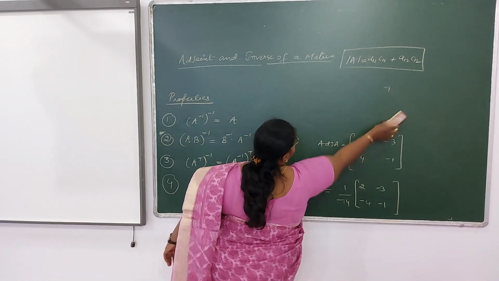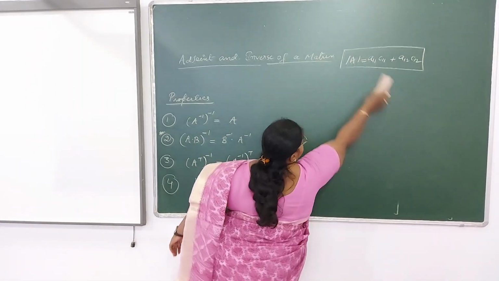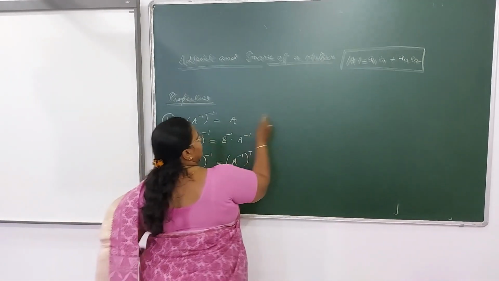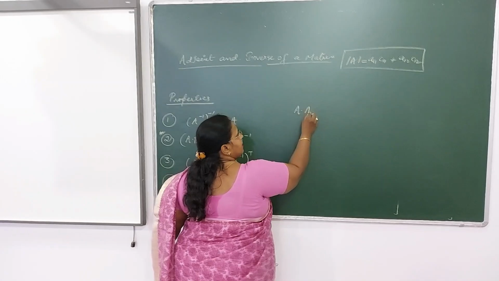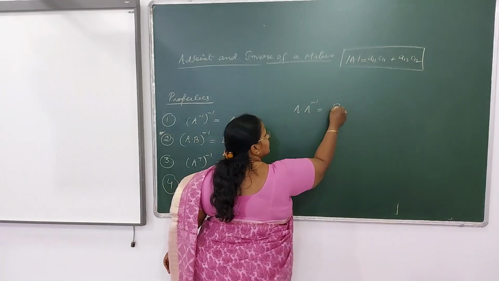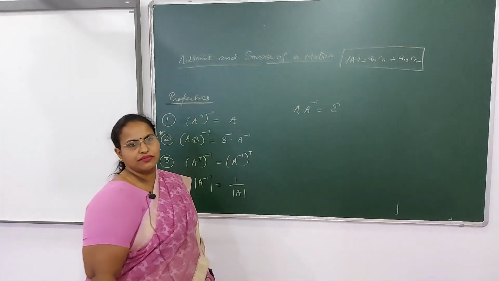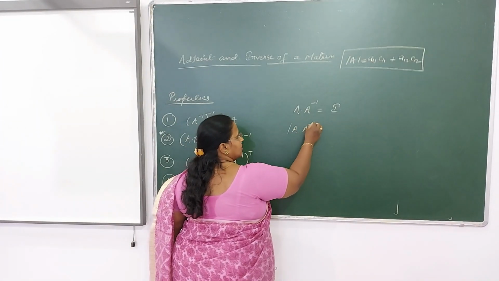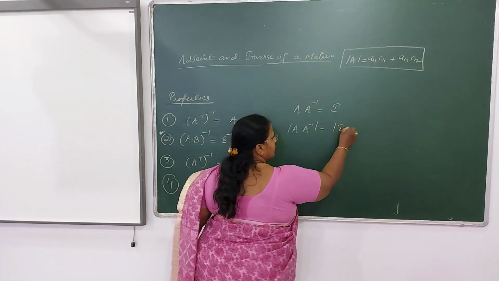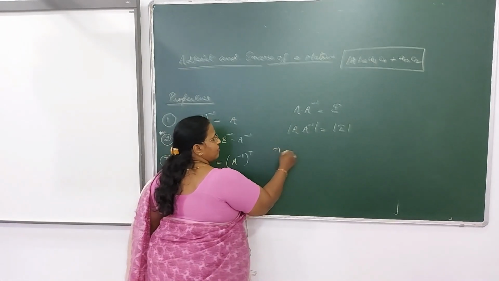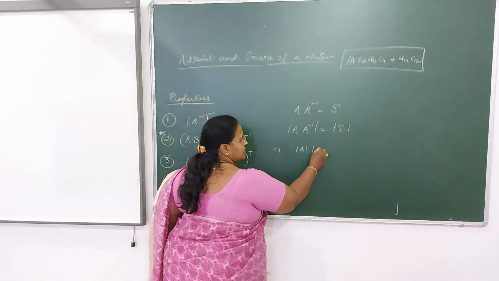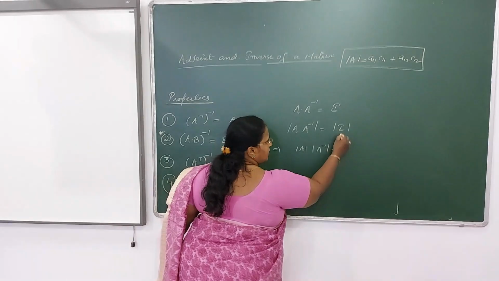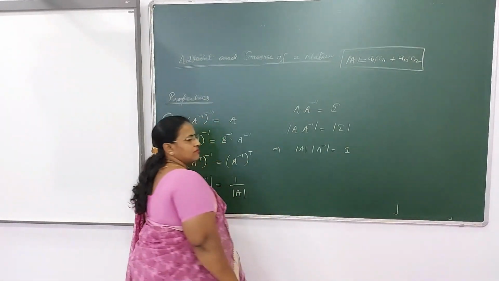I would like to explain the last one. We have a very important conclusion: when a matrix is multiplied to its inverse, the result is identity. So let us take the determinant here. It's determinant of I. The left hand side you can write as determinant of A into determinant of A inverse, and the right side is equal to 1.